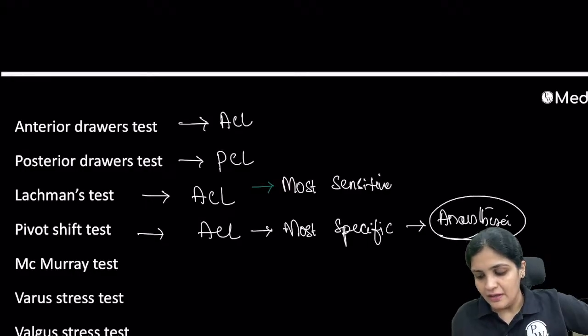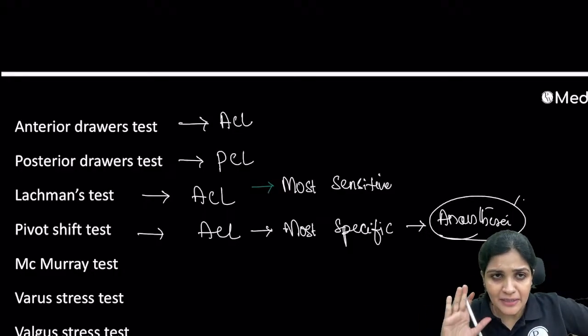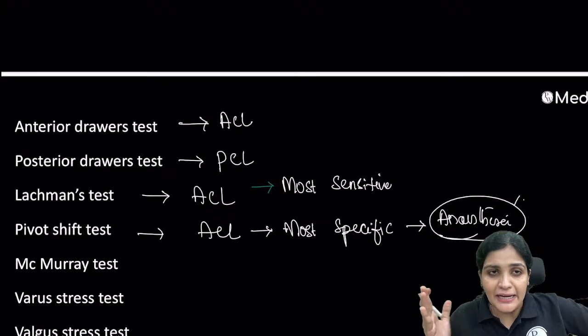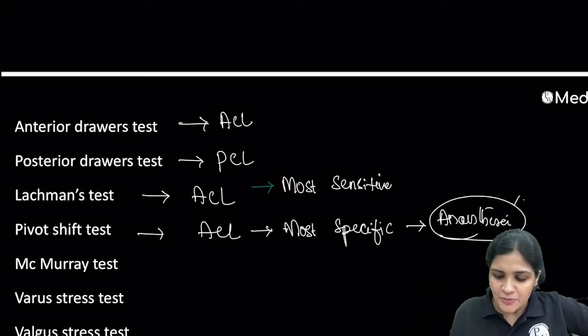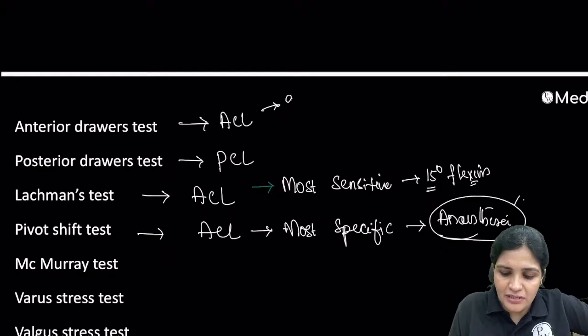No need for the maneuver for the pivot shift test, not required. Just remember, for ACL, the most specific test, which is done under anesthesia, is pivot shift. And Lachman's is done at 15 degrees of flexion. How is it different from anterior drawer? Here, this is done in 90 degrees of flexion. Okay.